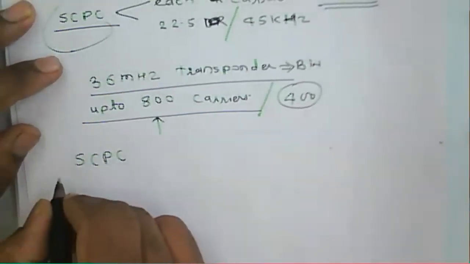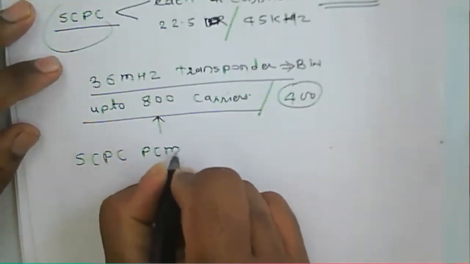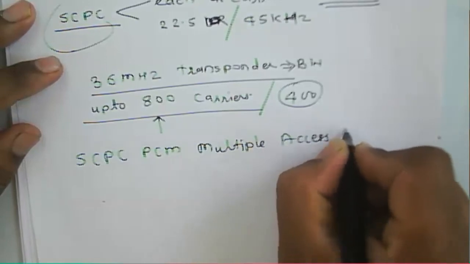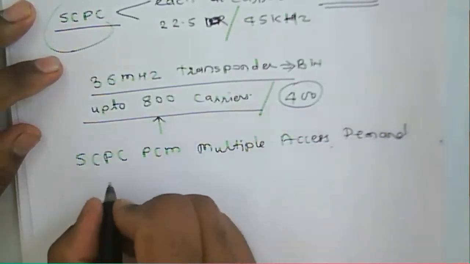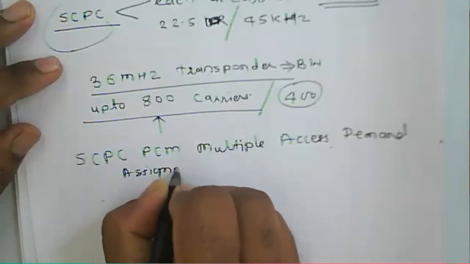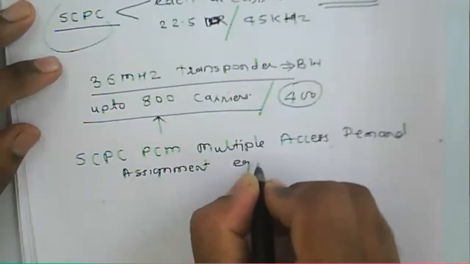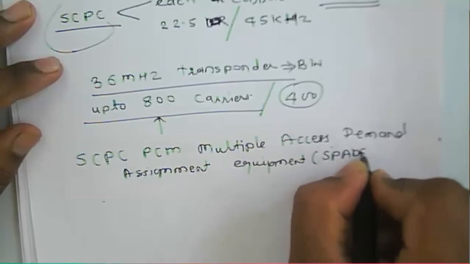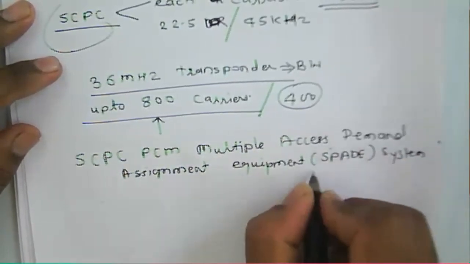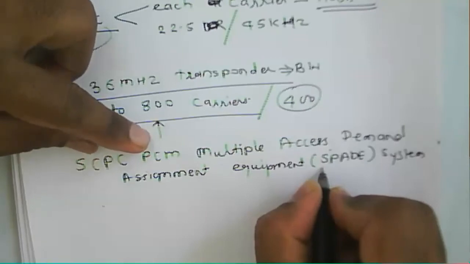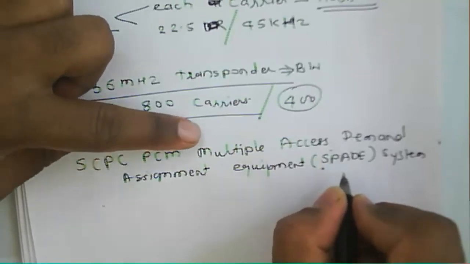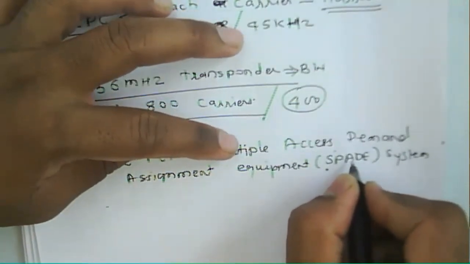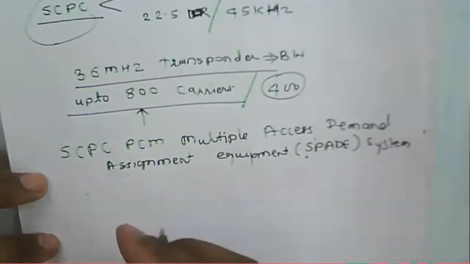That is called SPADE: SCPC, PCM, multiple access, demand assignment equipment, and that is called the SPADE system.